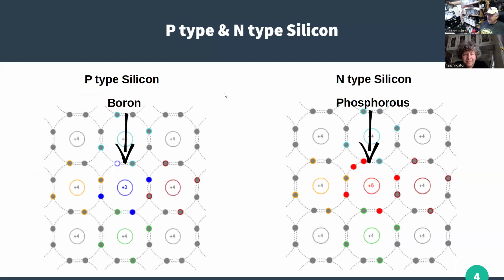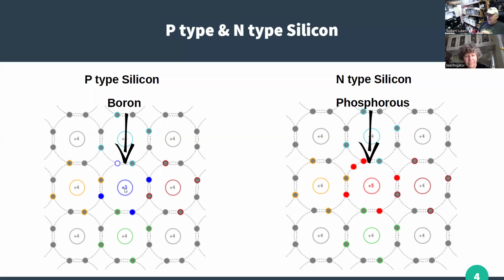So if we take that and we, for instance, add boron, and we won't talk about how they do this, but they manage to get these impurities as they grow the crystal. You'll see that boron is an atom that only has 3 electrons in its valence shell.